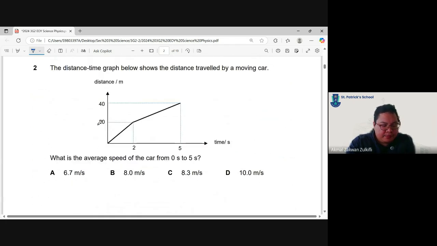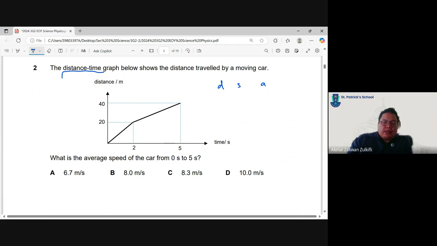Question two shows a distance-time graph. The graph below shows the distance traveled by a moving car. What is the average speed of the car from 0 to 5 seconds? Now, every time we see a kinematics graph, a velocity graph, or a speed-time graph, the first thing we do is write D, S, A: distance, speed, acceleration.